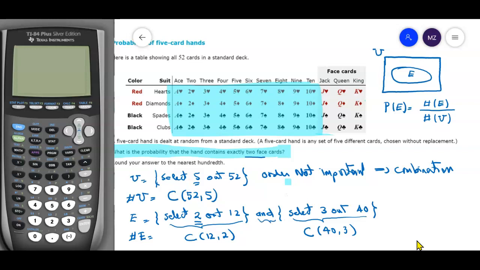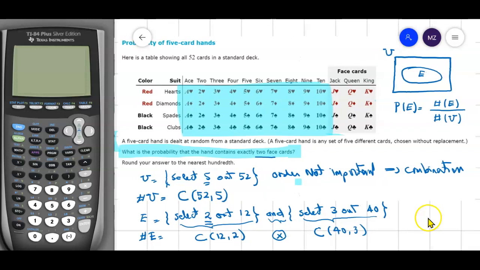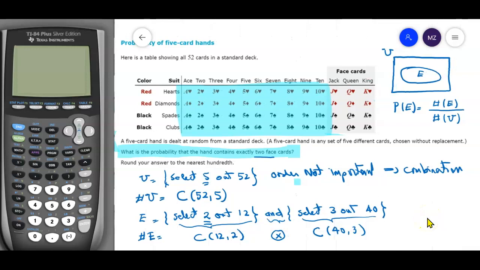Don't forget, the AND always stands for multiplication, and you want to remember this as well: the AND statement indicates multiplication, and the OR statement indicates addition.